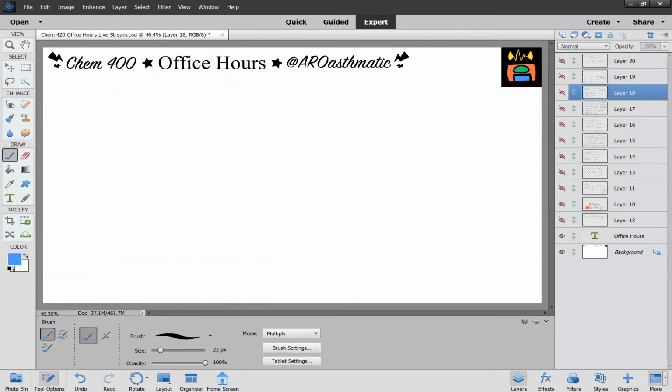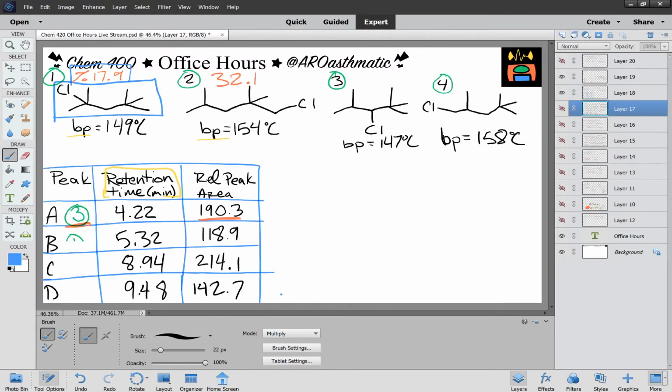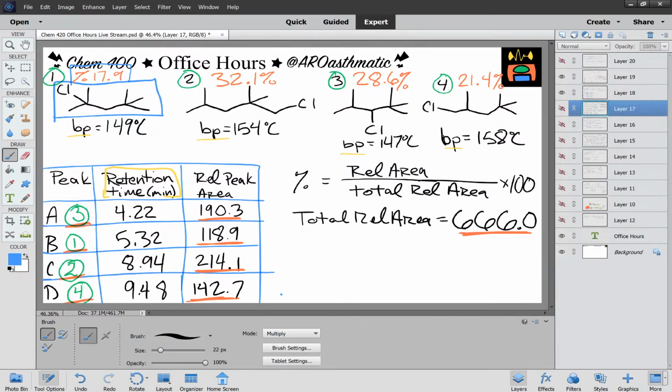One thing I would like to point out, though, is if you look at the statistical chance of that product being formed, number two, statistically, it only has a 5.6% chance of forming. And when you look at the actual product distribution, it actually represents 18% of the product formed.